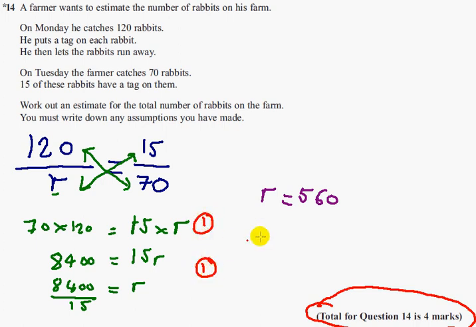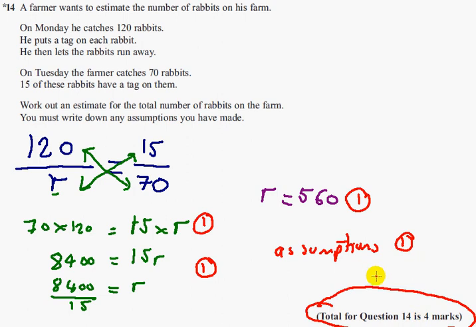Now the third mark comes from the final answer of 560, and don't forget the fourth mark comes from the last bit here, which says you must write down any assumptions that you've made. And here is what the mark scheme says for the assumptions. Okay, so assumptions is also worth 1 mark, and that's a total of 4 marks.